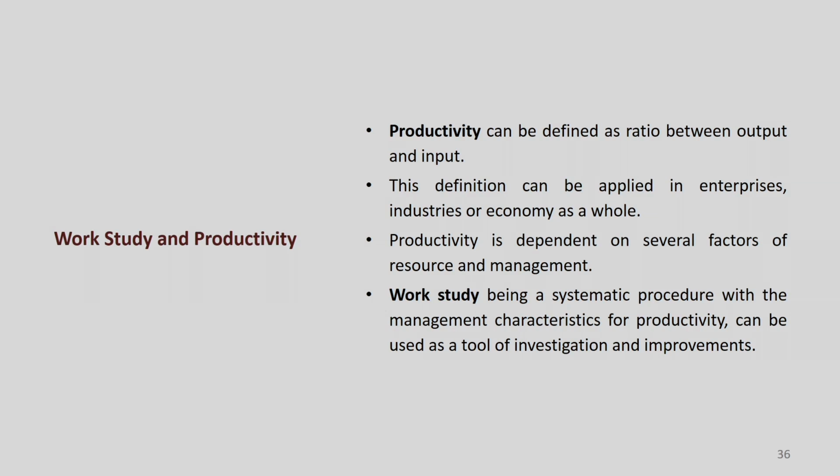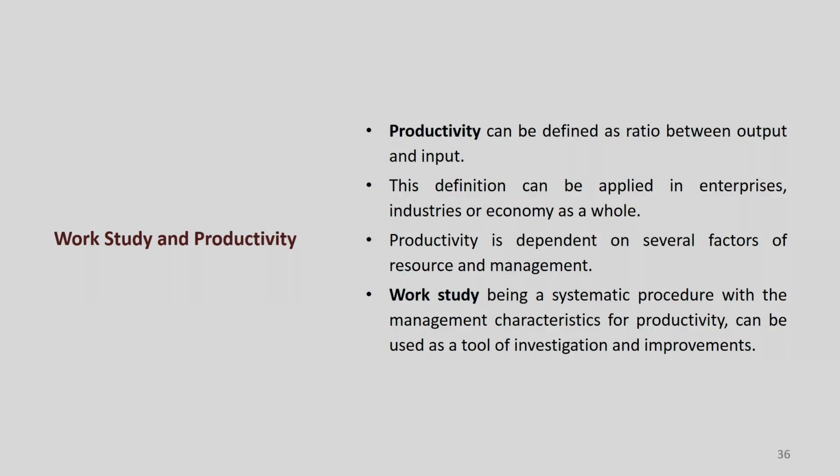That way we can use all these methods, like the whole task analysis and different techniques, to identify that. This definition can also be applied to enterprises, industries or the economy as a whole. That is very important.